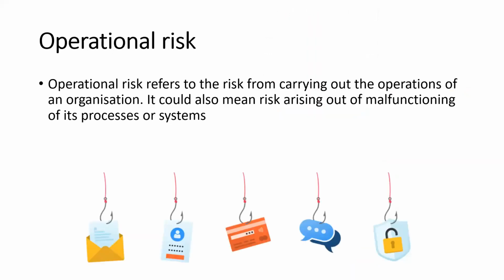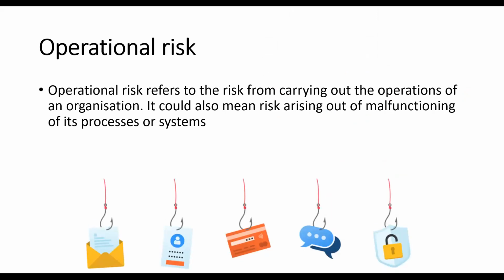Moving to the third main type of risk, that is operational risk. Operational risk refers to the risk from carrying out the operation of an organization. How you are carrying out your activities, depending upon that, if any risk arises, then it is known as operational risk.